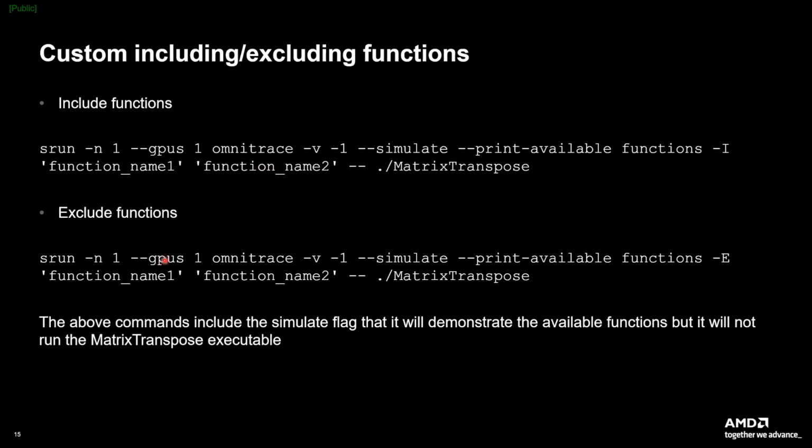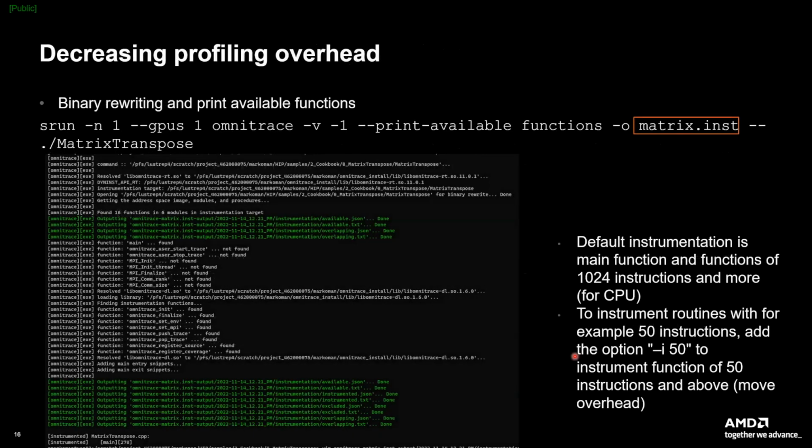If you want to exclude because it's not excluded automatically, is -E function name 1, function name 2, etc. Yes, and as I said, the simulate flag will demonstrate the available functions, but it will not run the matrix transpose executable.